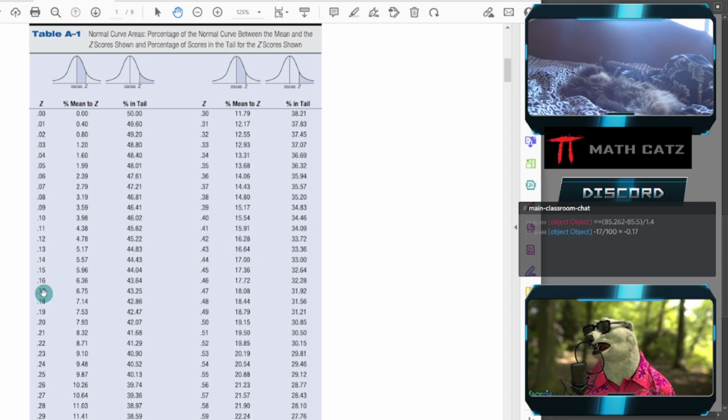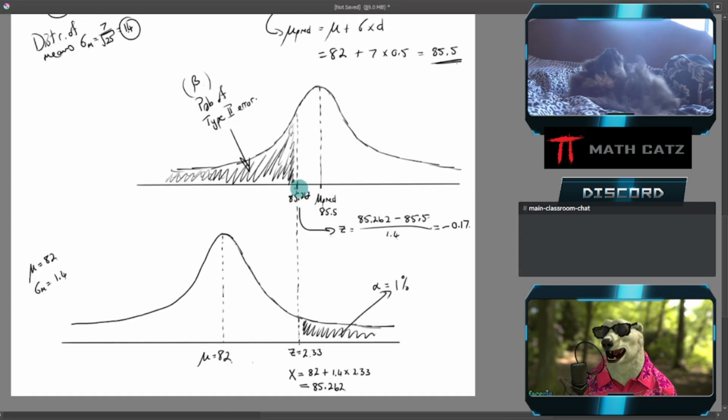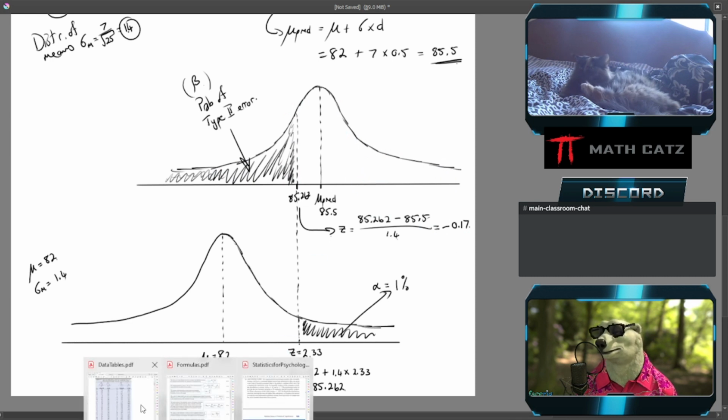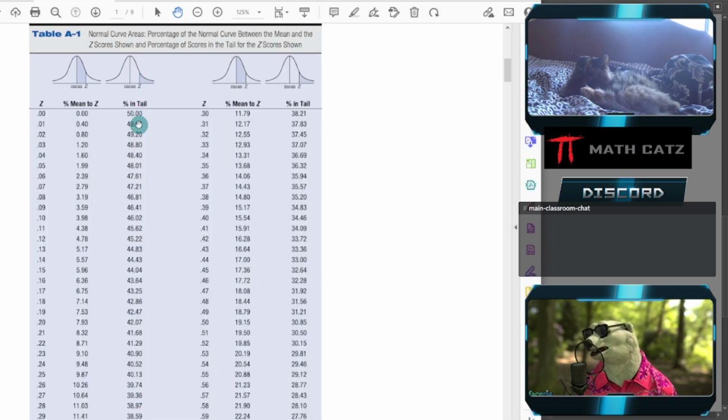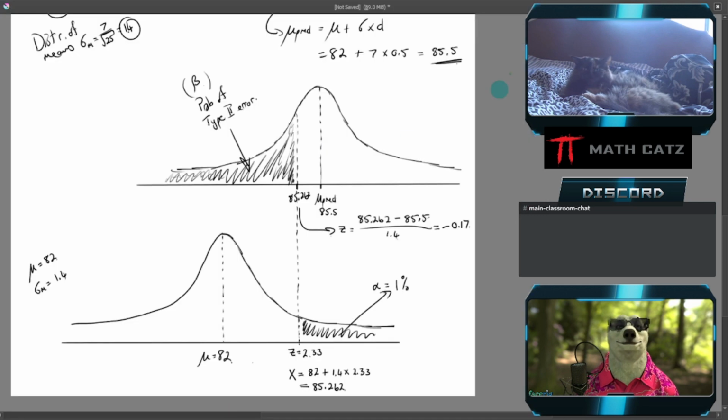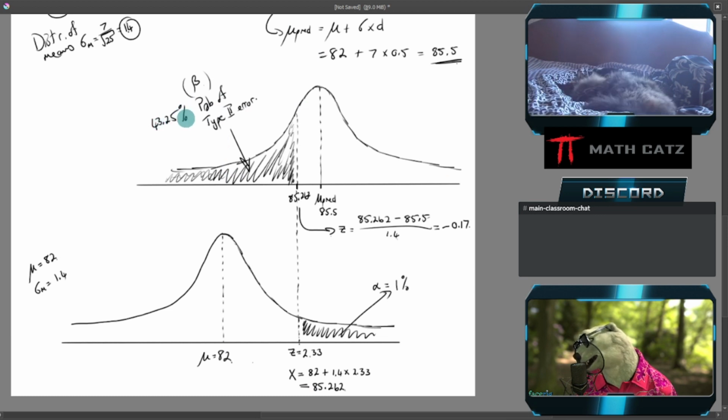I prefer to just look at the tail and say, yes, we're on the wrong side, but symmetry allows us to look at positive 0.17 and find that tail, and it'll be the same area. So I'll look at the percentage in the tail, 0.17, 43.25. And that's the same over here. So this is 43.25%.